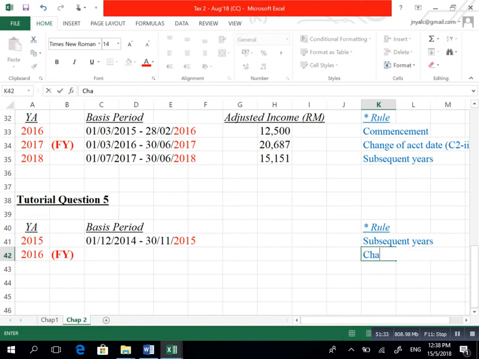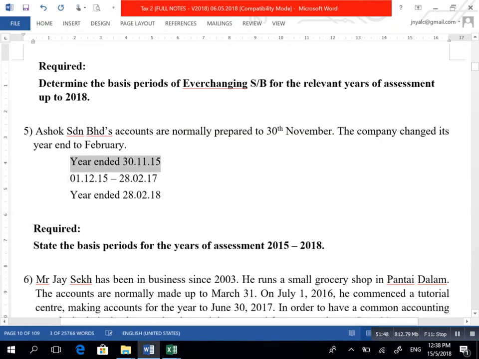Okay, from 15 closing here, straight away to 17 closing. Is it already ending in the third year? Not the following year. So you will be under category 2, sub 1 or 2? Sub 1, alright? New account prepared for more than 12 months and ending in the third year. Okay, so sub 1.